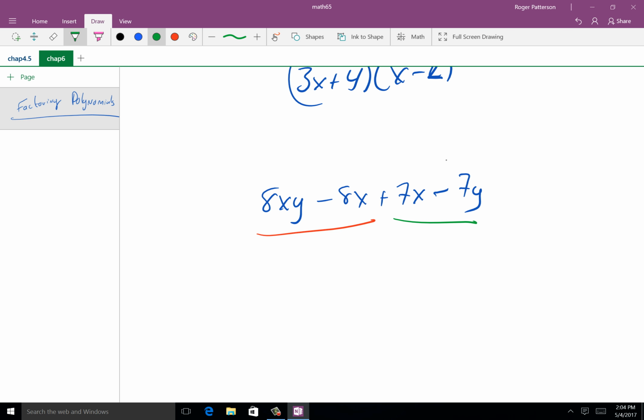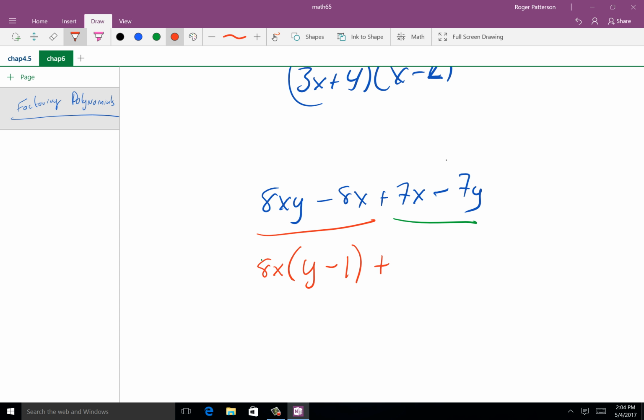So obviously we have an 8, because we both have 8's common. We have an x, so that's what I'm going to take out. So I'm going to take out an 8x. And I'm going to be left with y minus 8x divided by 8x is 1.